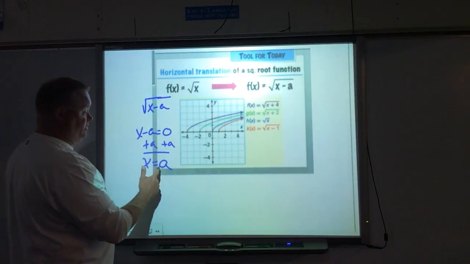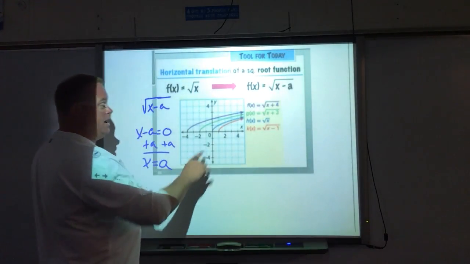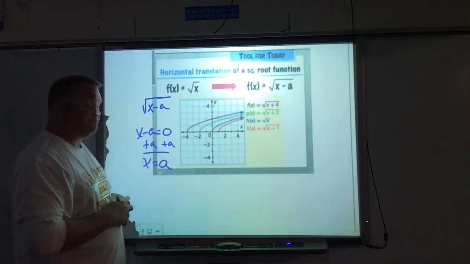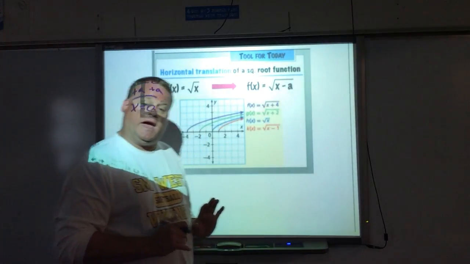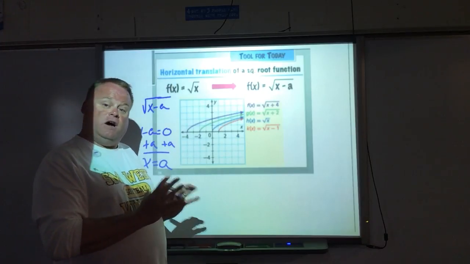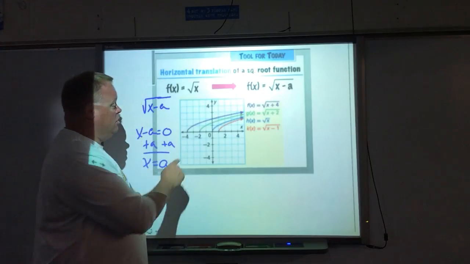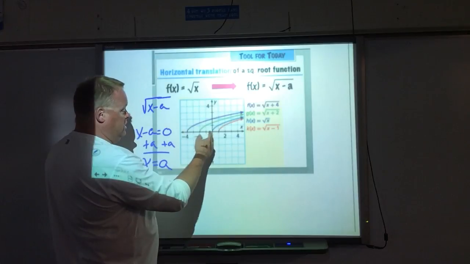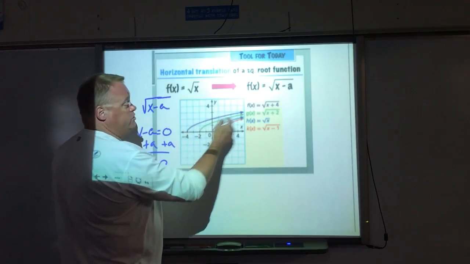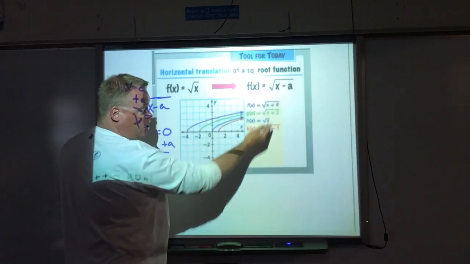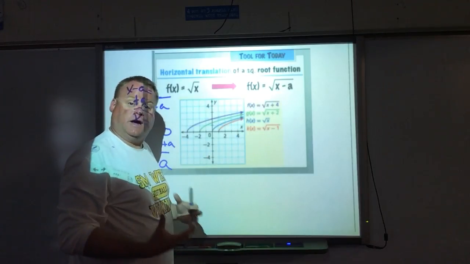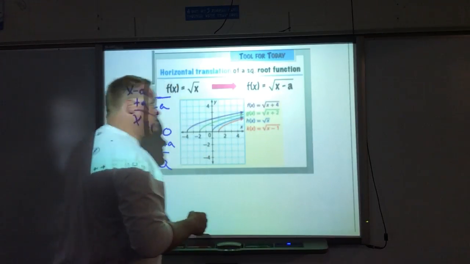In this case, it shifted to the right because it's positive, right? Does that make sense? So if the vertex of this graph is away from the origin, either to the left or to the right, it's going to be from the terms underneath the radical sign. All right, so let's see that.